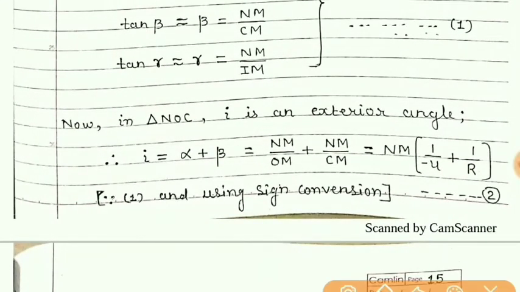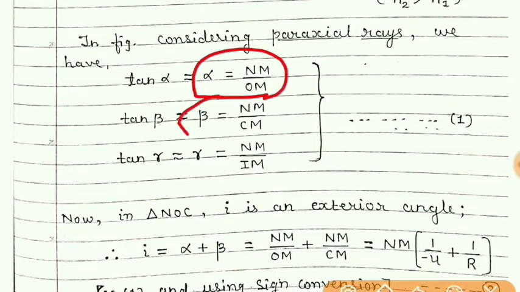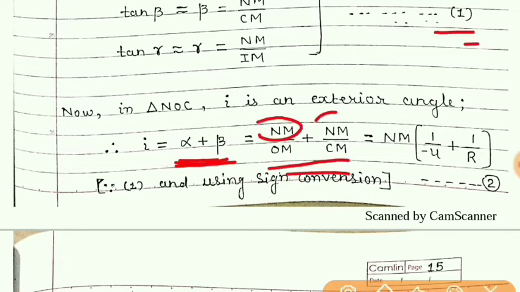So students, here I have written that in triangle NOC, i is an exterior angle, and so i is equal to alpha plus beta. But what is alpha? Alpha is NM upon OM and beta is NM upon CM. So putting these values of alpha and beta from equation number 1 here, taking out this NM common, we get 1 upon minus u plus 1 upon R. Why?